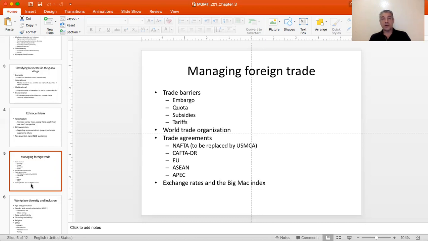So you try to see how much a Big Mac, a McDonald's product, would cost in the United States, where the US dollar is used, and in any other country in local currency. By comparing those, you can derive this Big Mac index that basically tells you the fair exchange rate for a pair of currencies.